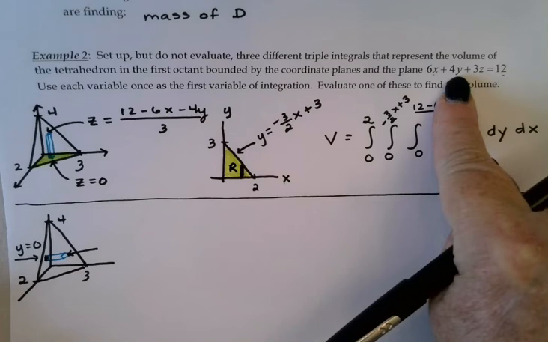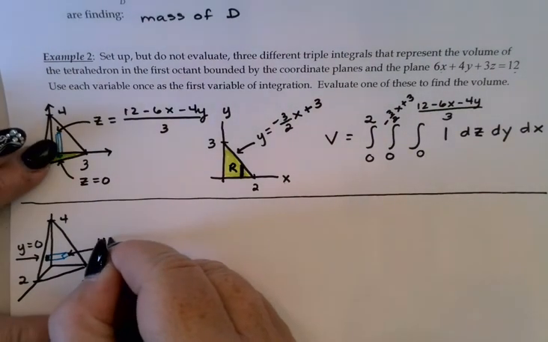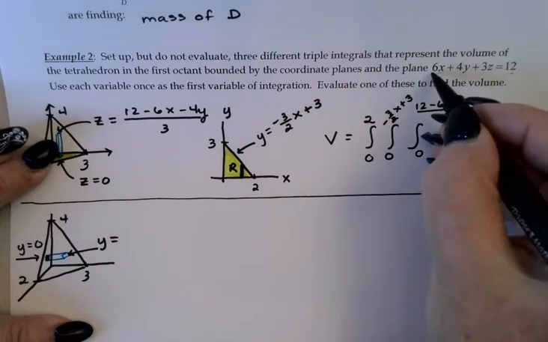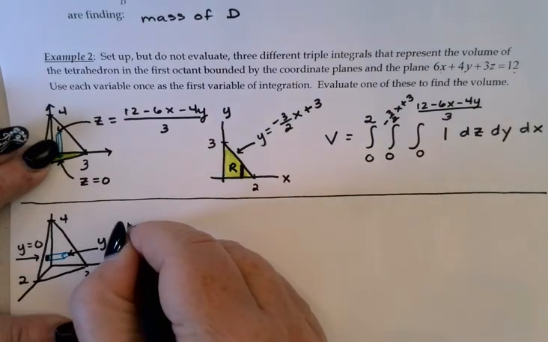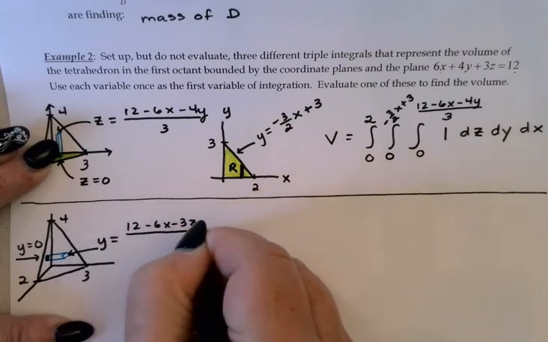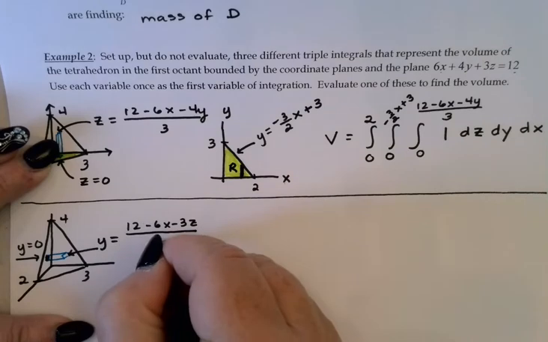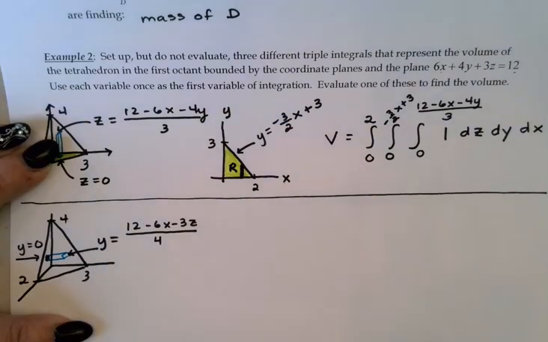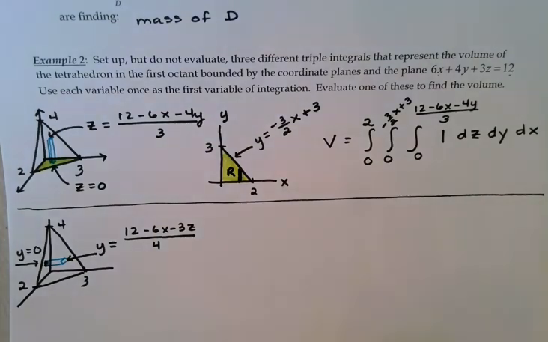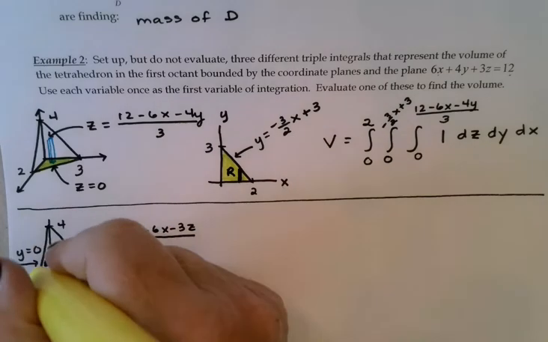I'm now going to need that plane equation solved for y. So solving for y, I'd have 12 minus 6x minus 3z divided by 4. Since I am doing dy first, that means that the region R is in the xz plane.